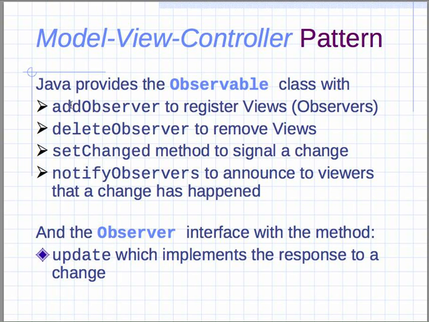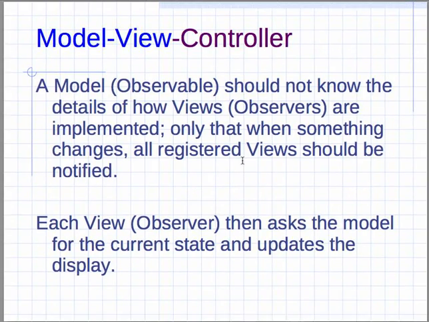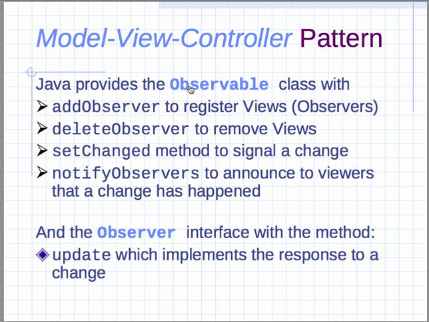It allows you to add observers, delete observers, set changed, and notify observers. So this is a way to organize your data into an observable. Remember, observable is the model. You can create a subclass of Observable to store all your model information. This has all these methods.